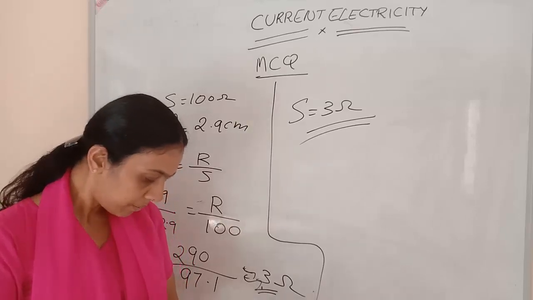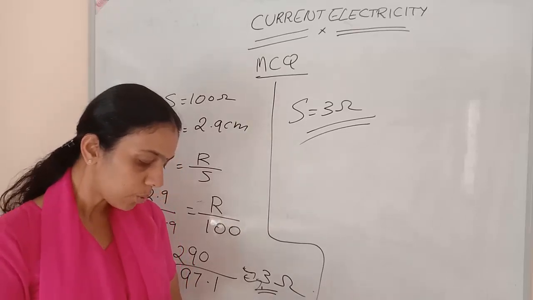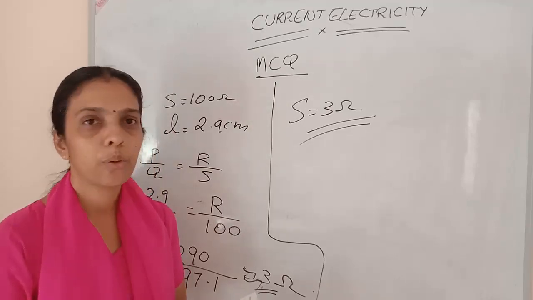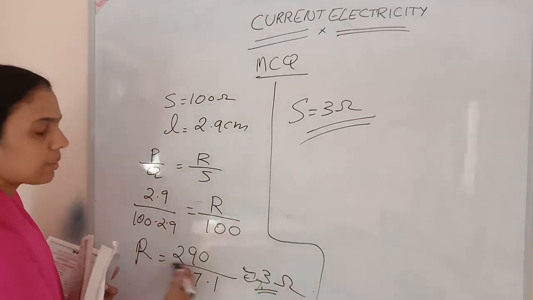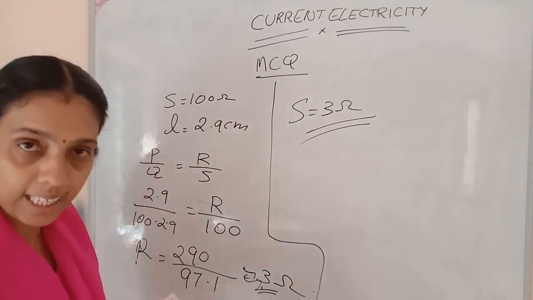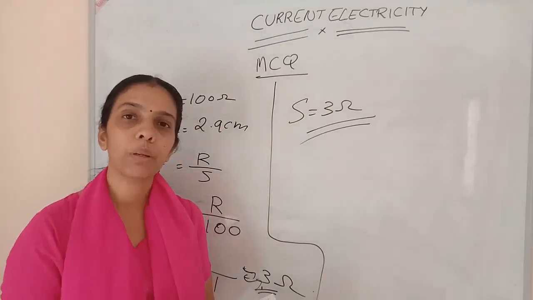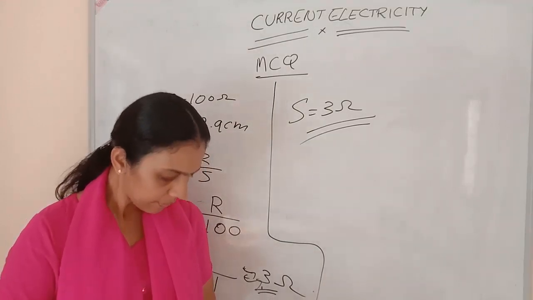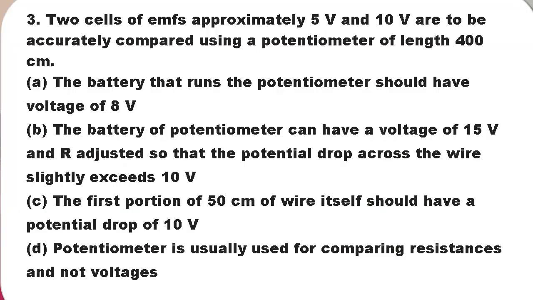So here he should change S to 3 ohm and repeat the experiment to get the accuracy. Whatever value we are getting over here, if we put the same value there as S and repeat the experiment, we will be getting the correct value. So in the previous one the answer is C.